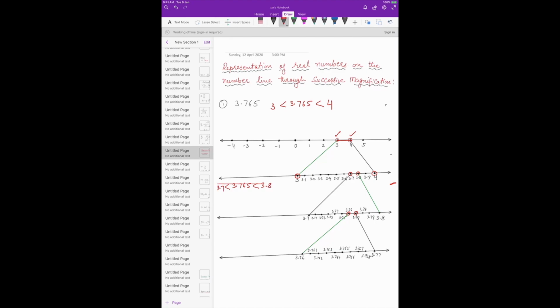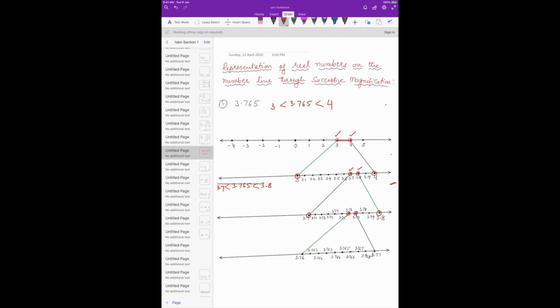3.7 and 3.8. So now we are going to highlight these two numbers 3.7 and 3.8, and we are going to magnify the portion between 3.7 and 3.8 on another number line. We will write 3.7 and 3.8, and now we will focus on the portion between them.